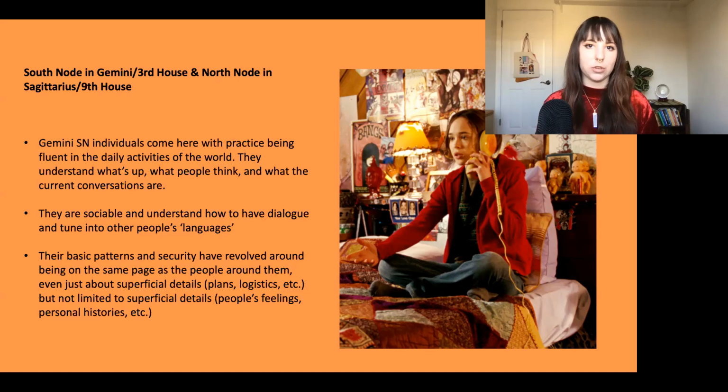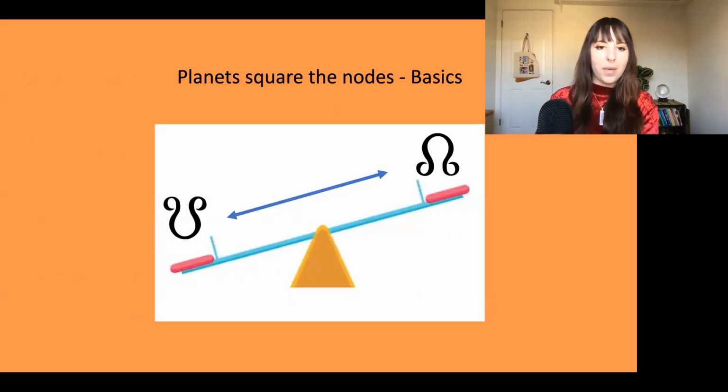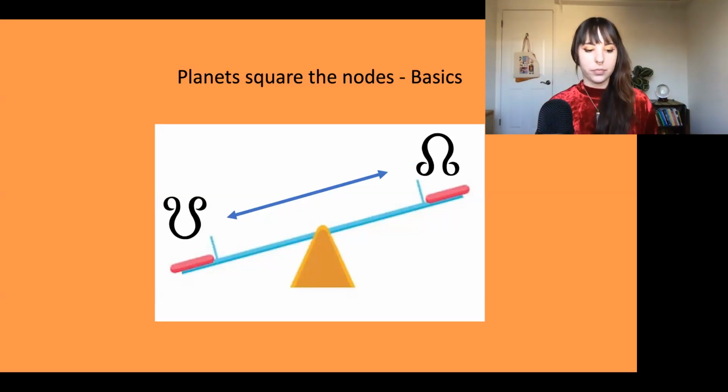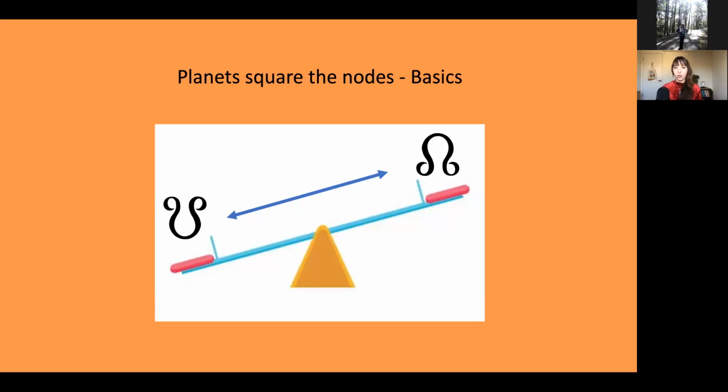I'm just using a shorter way of putting it. The way that I'm going to get into these two nodal realities, I'm going to start off in a normal situation, a basic south node, basic north node situation. And at the end of the talk, I'll get into what they look like when they're squared and what some of the gifts and challenges of that placement are.